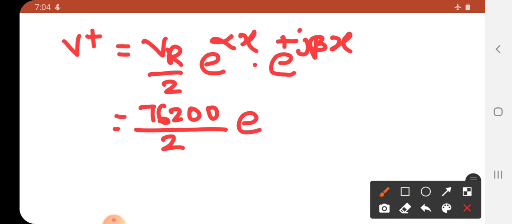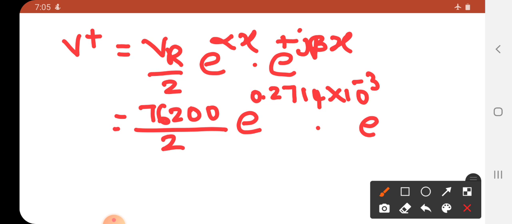What is the value of alpha? 0.2714 into 10 power minus 3, and beta e power j into 1.169 into 10 power minus 3.